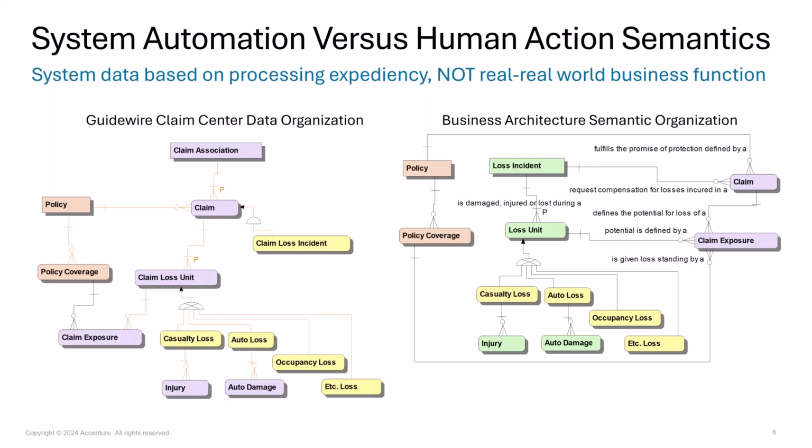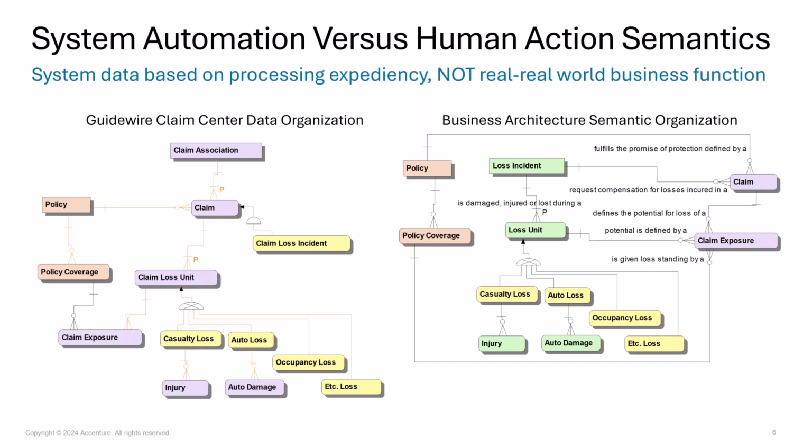A single loss incident with damages and or casualties is the cause of one or more claims. A damaged asset or casualty of the loss incident in combination with the standing of the policy coverage is the basis of the claim exposure. It's the semantics of the business function that leads us really to a greater capability than mere operational reporting provides us, and the standard view of the system provides.